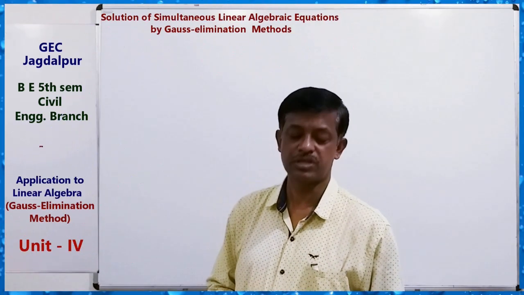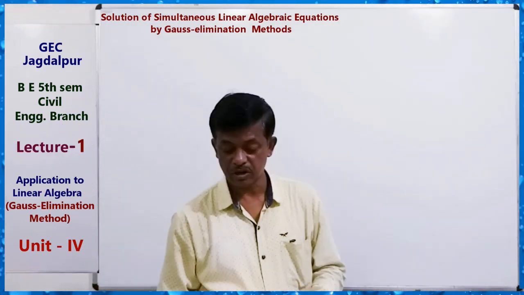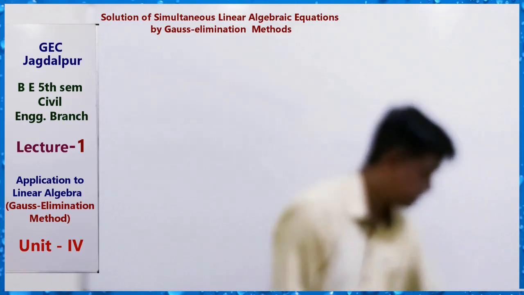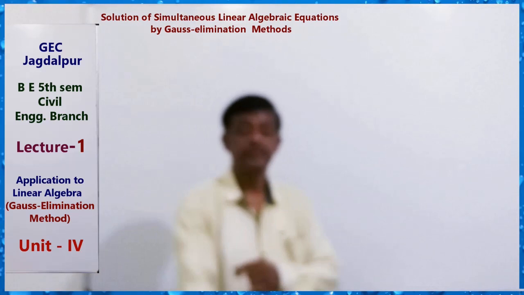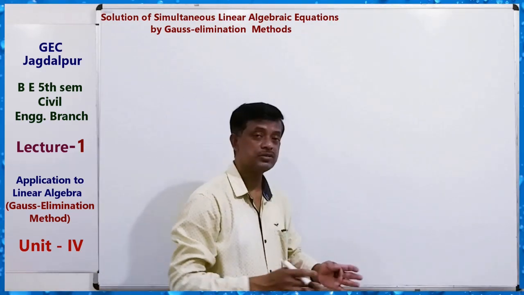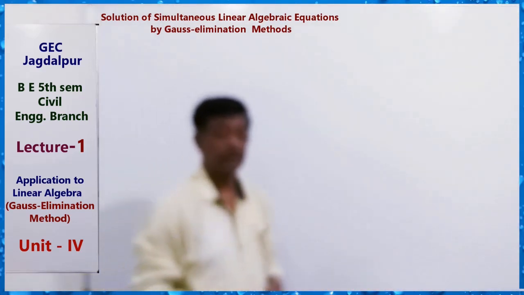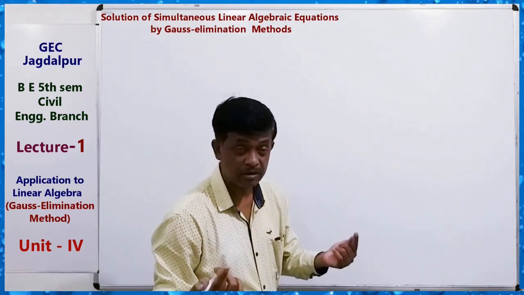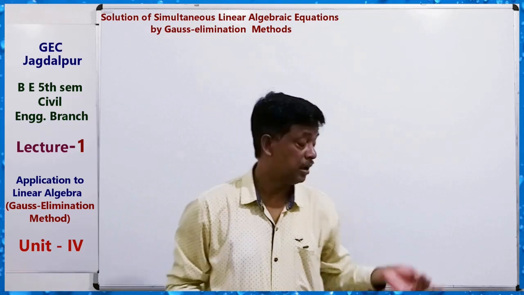I will discuss the numerical solution of simultaneous linear equations. A linear equation may be in one variable, two variables, three variables, or four variables. If there is a single linear equation, we can solve it by the algebraic method.